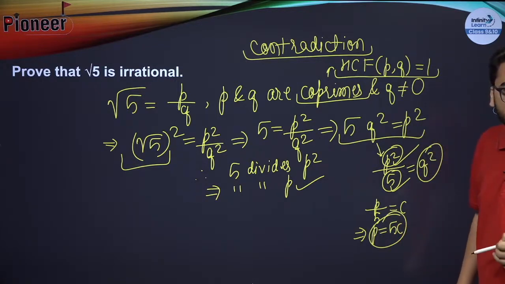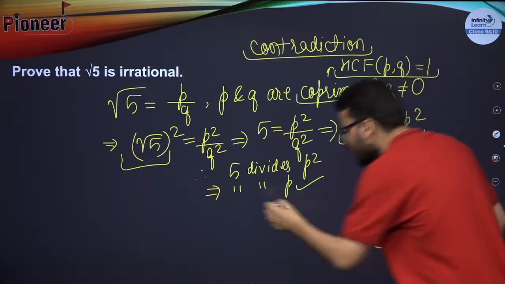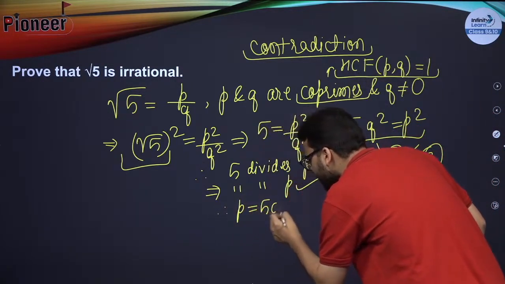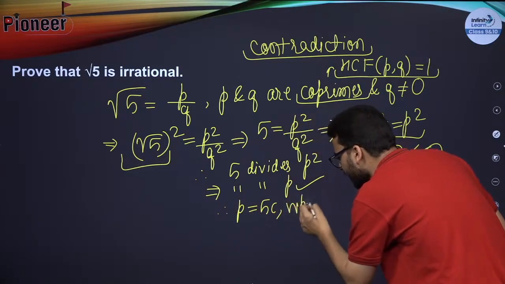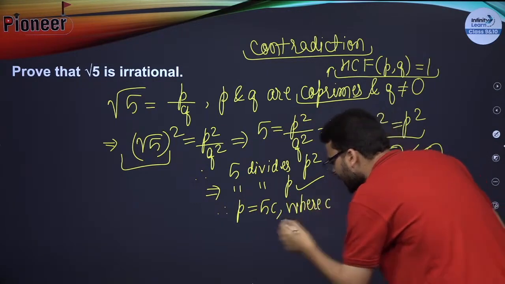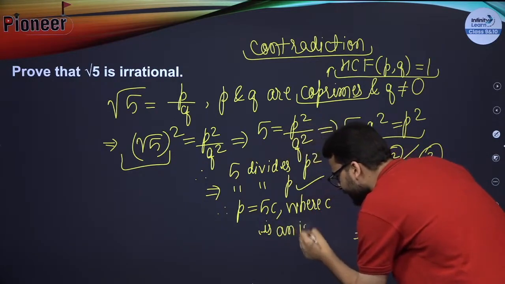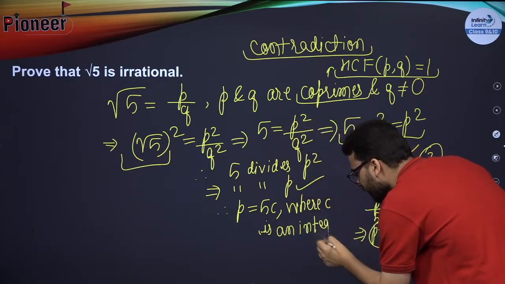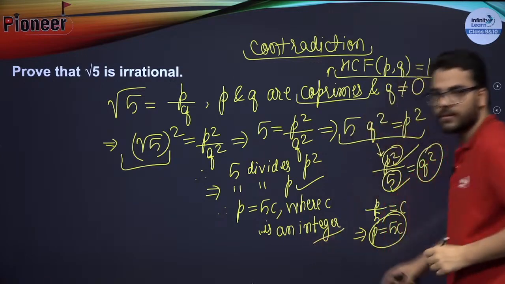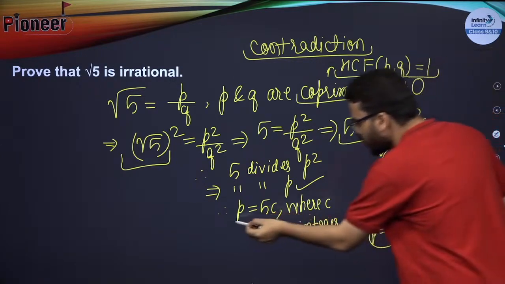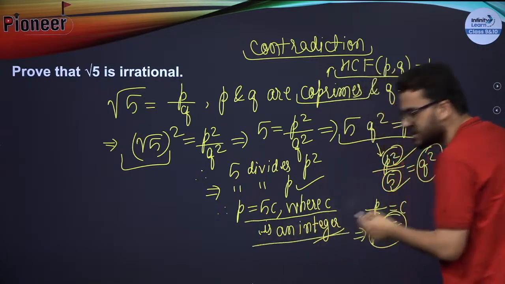Is this clear to everybody? Hi Dinesh, welcome to this session. So therefore we can write p is equal to 5c where c is an integer. I hope this is clear to everybody in this session.